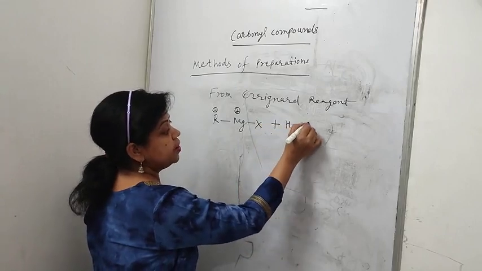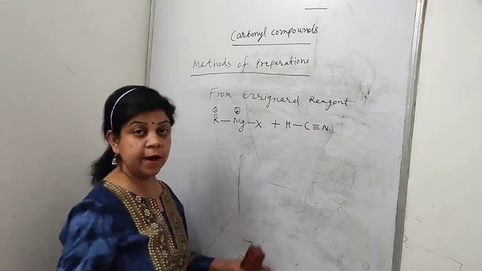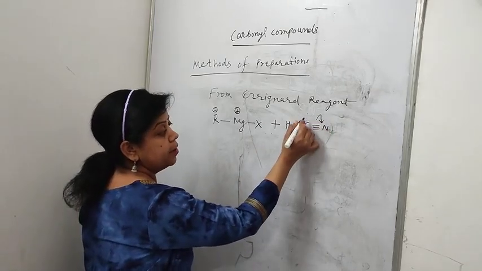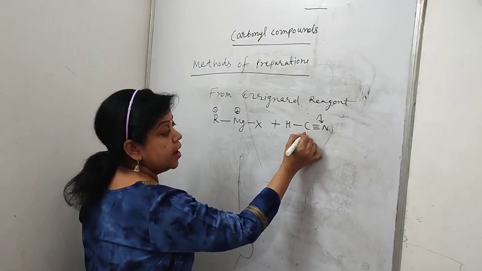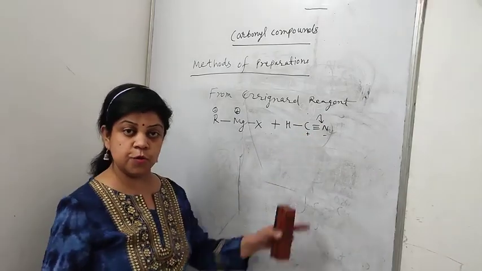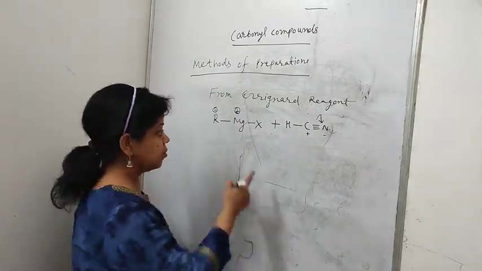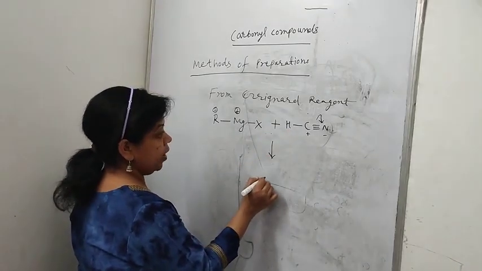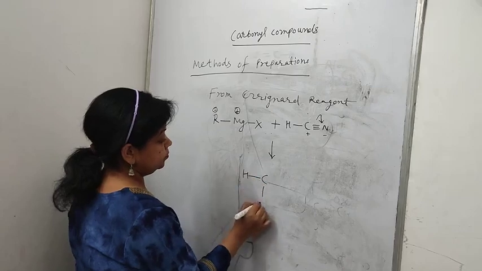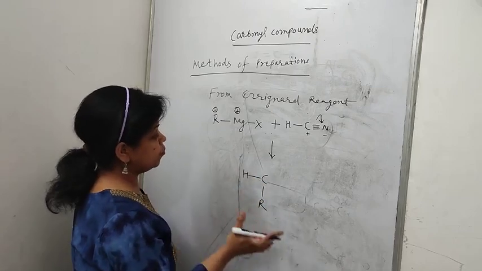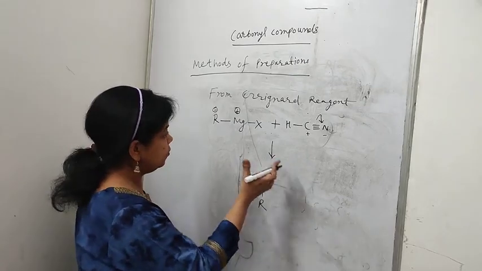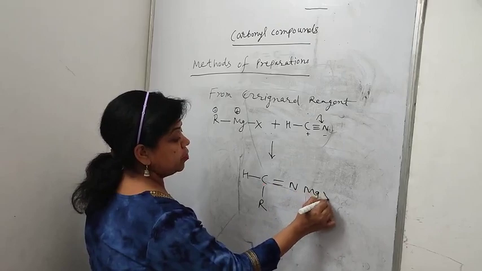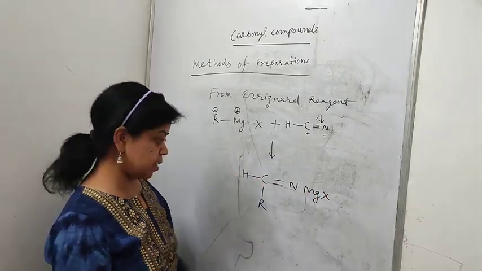When it is treated with hydrogen cyanide, HCN, we know that carbon has electropositive charge and hydrogen possesses electronegative charge. When it is treated with this, simply you have to attach the positive center with negative and negative center with positive. And you will be able to get this compound.